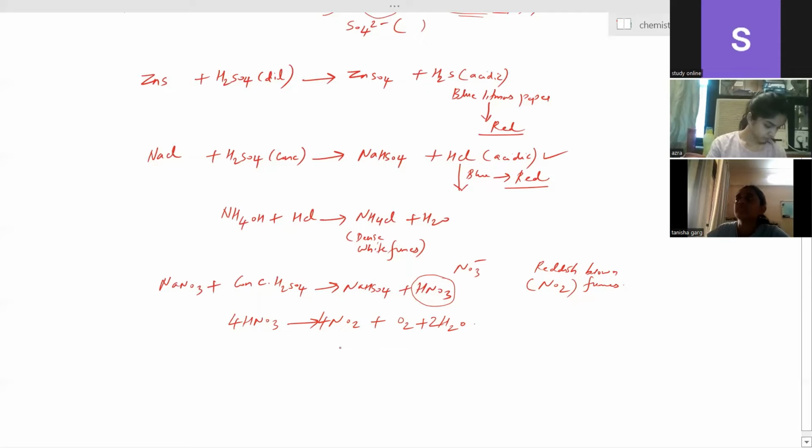Okay, next. Do you know what it will form with ferrous sulfate? Now we will confirm nitrogen dioxide. If nitrogen dioxide reacts with ferrous sulfate, what will it form? It will form a brown-black solution of what?